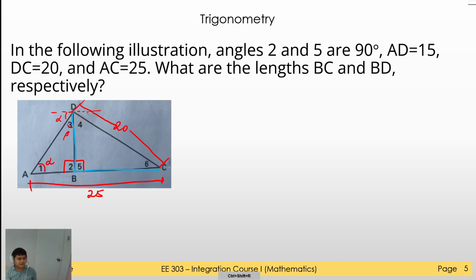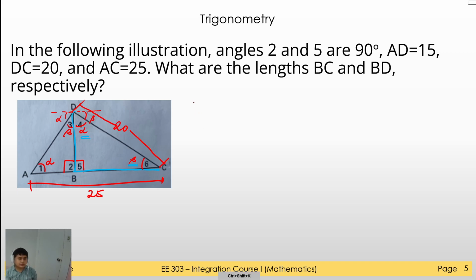This should be alpha. So this should be beta, and then this will be beta. As you can see, we have similar angles in this geometrical triangle. In geometry, if triangles have the same angles, then they are similar triangles.